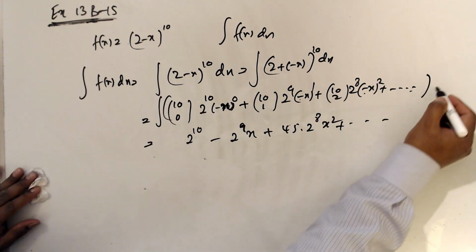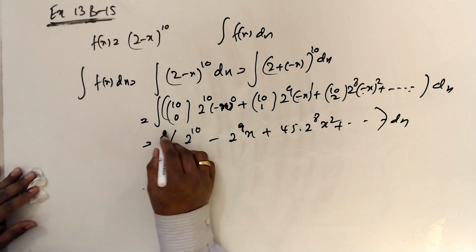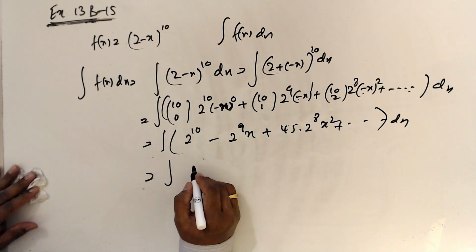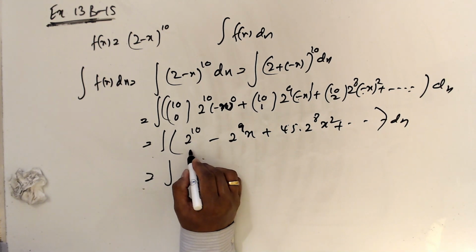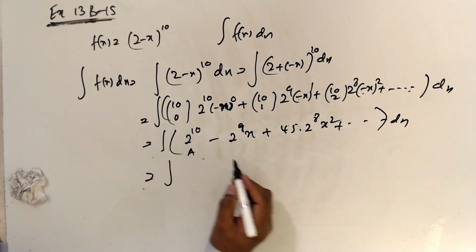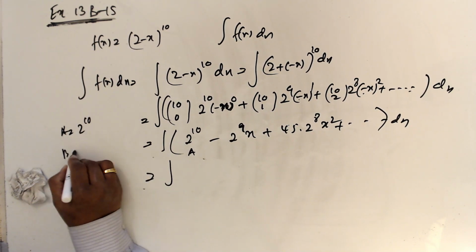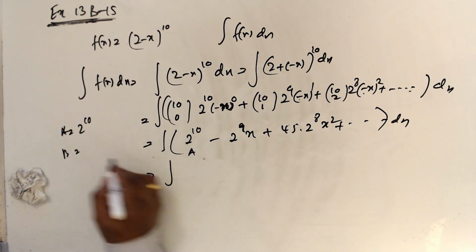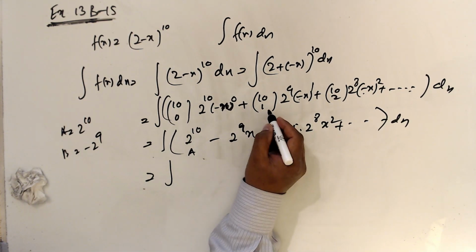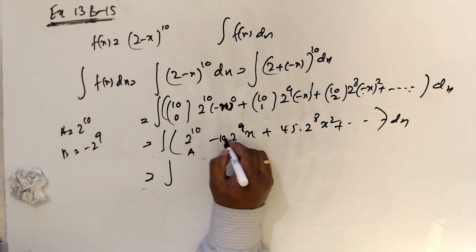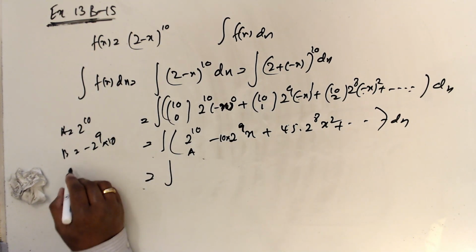Now I want to integrate this one. So what is this? A is 2 to the power 10, B is minus 2 to the power 9, actually that should be times 10, so 10 times 2 to the power 9.